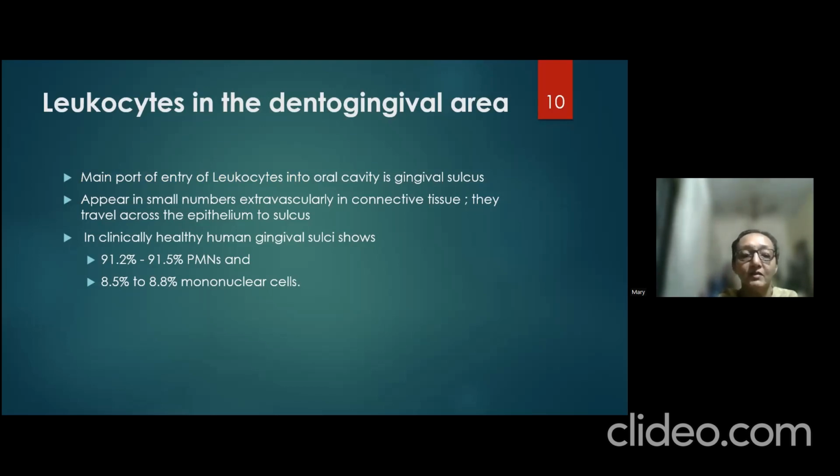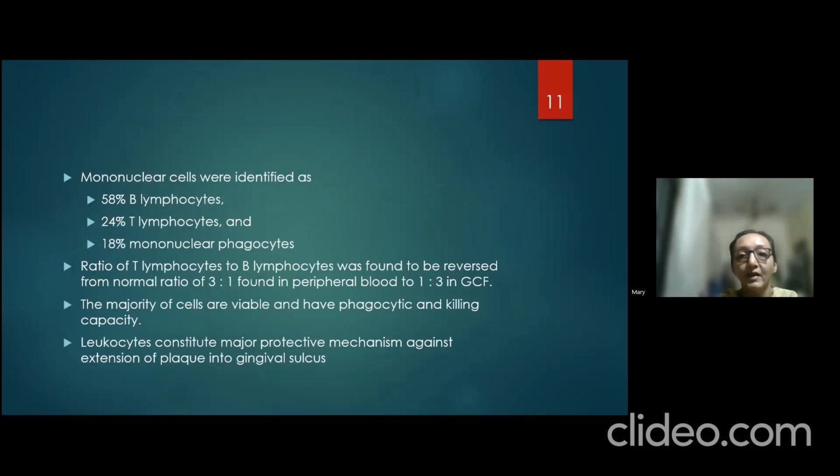So they travel across the epithelium into the sulcus. Among these mononuclear cells, 58% consist of B lymphocytes, 24% consist of T lymphocytes, and 18% constitute the mononuclear phagocytes. Usually the ratio of T lymphocytes to B lymphocytes is found to be reversed.